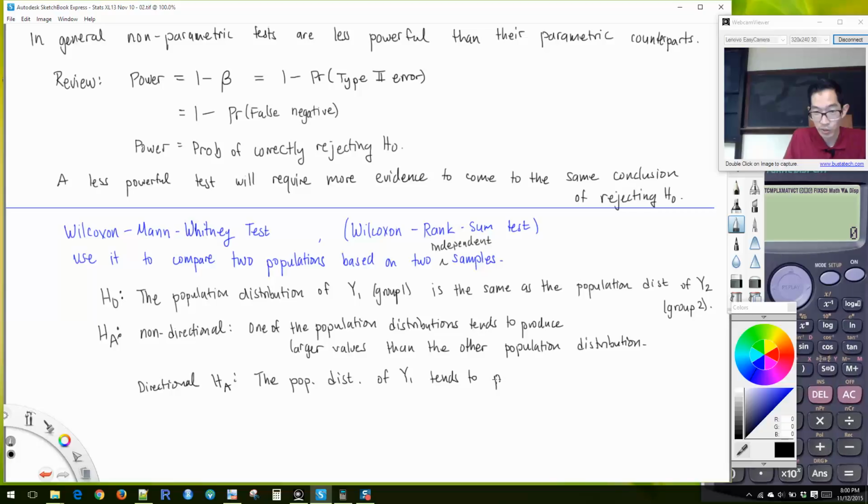tends to produce larger values than that of Y2.